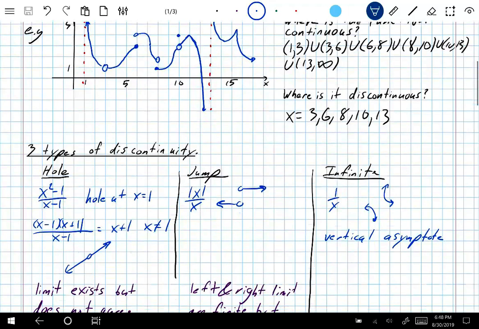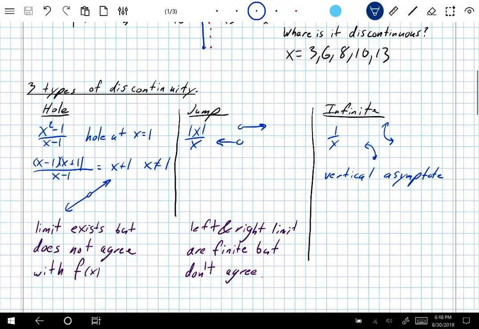Okay, so what is the definition here? Well, let's think about this a little bit too. We said in one case, if the limit exists but doesn't agree with f, then that's a hole. We said, okay, if the left and right limits don't agree, in which case the limit doesn't exist, then that is a jump.